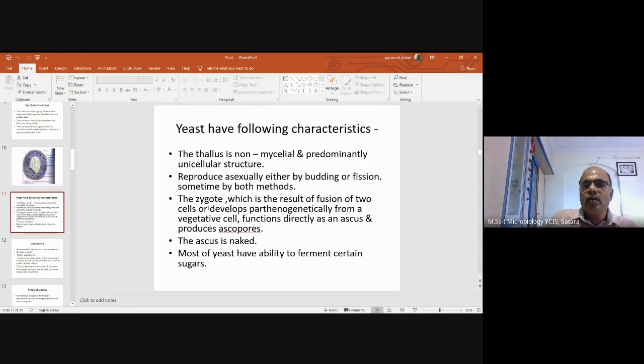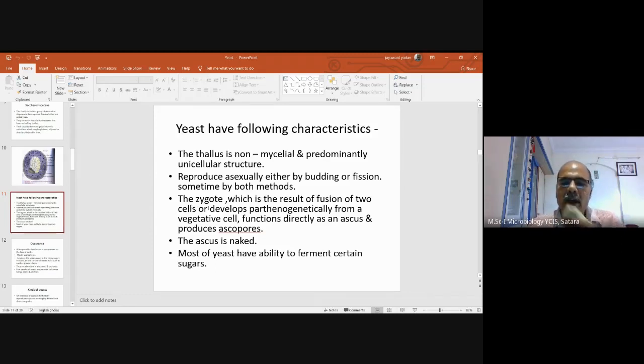The zygote, which is a result of fusion of two cells, or develops parthenogenetically, that is, reproduction from an ovum without fertilization, or from a vegetative cell, functions directly as an ascus and produces ascospores, and the ascus is naked.